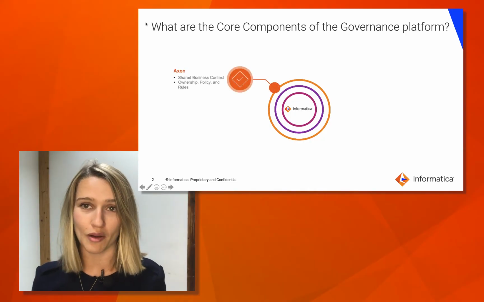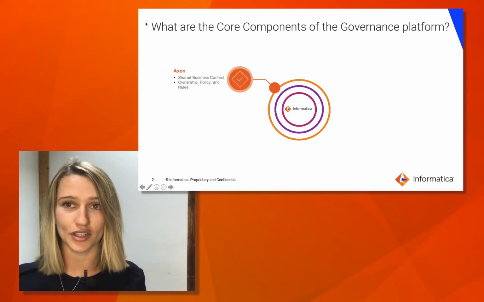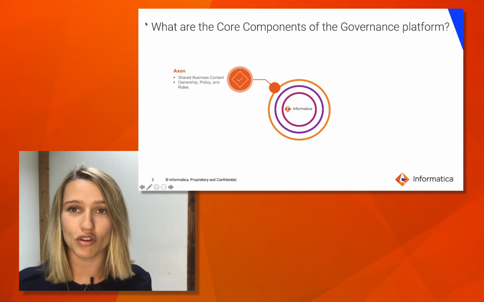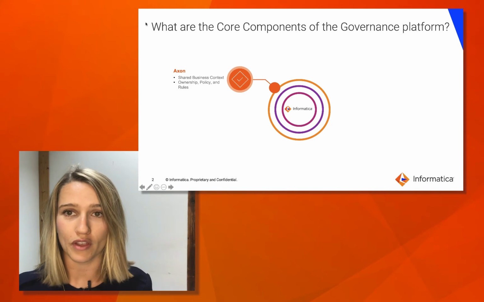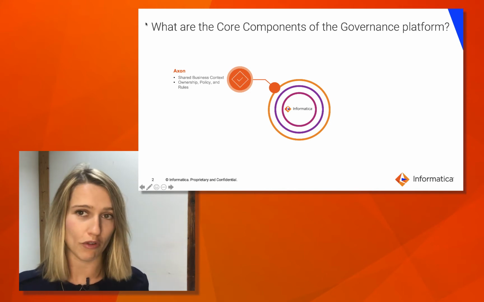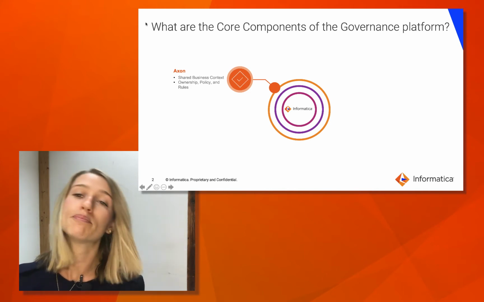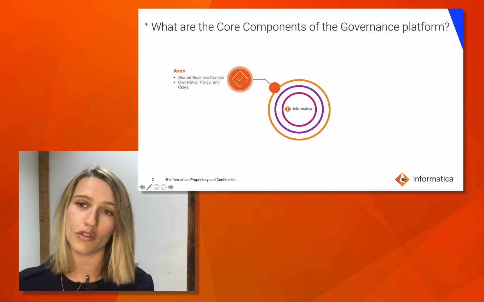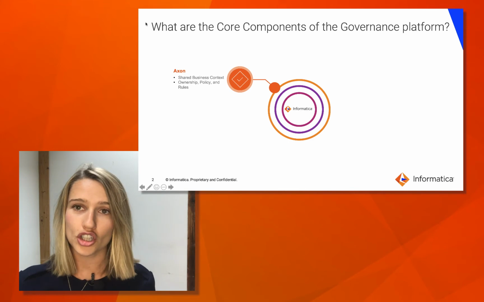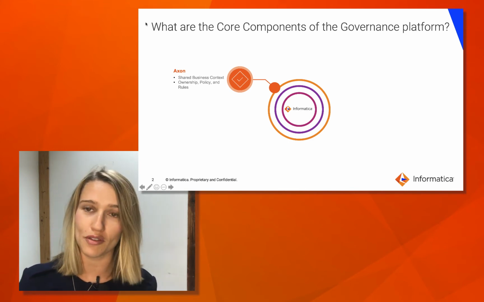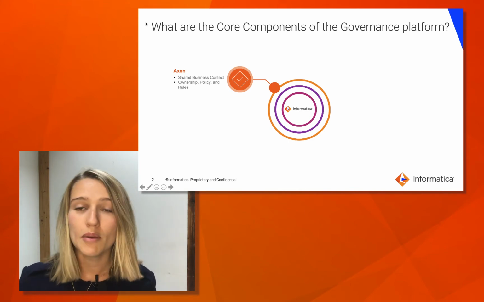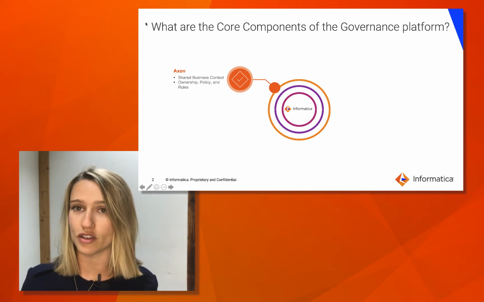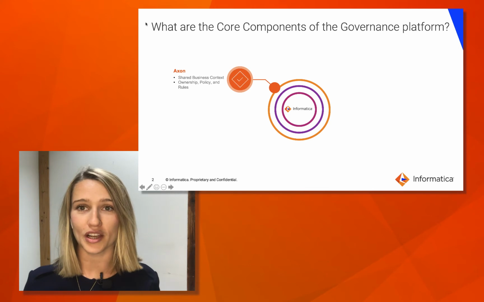So the first thing I would like to think about is Axon. Axon is our most data governance focused tool. It's really the heart of this platform solution that I'm going to introduce today. This is where we can inventorize all sorts of different data assets, not just systems, data sets, attributes, and the physical locations of data, but also things that are more business focused, like processes, policies, projects, and so on.